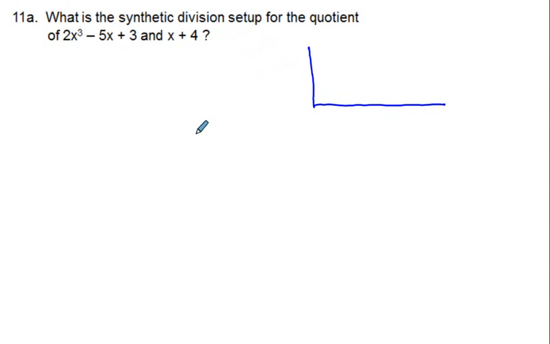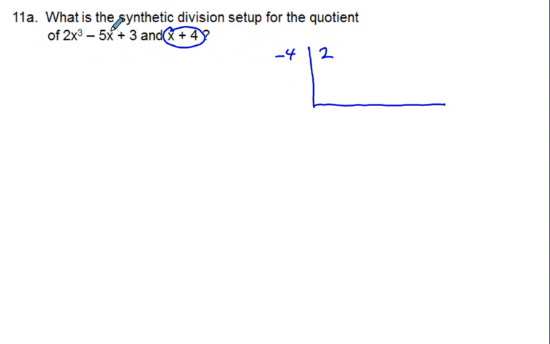we have to create some kind of a synthetic division bracket. And what we have to do is on the outside put the value of the 0 for this x plus 4. So we're going to put negative 4 out here. And next we're going to put the coefficients of the polynomial. So we're going to put 2 for the x cubed place.